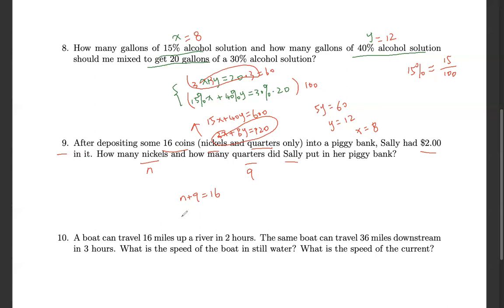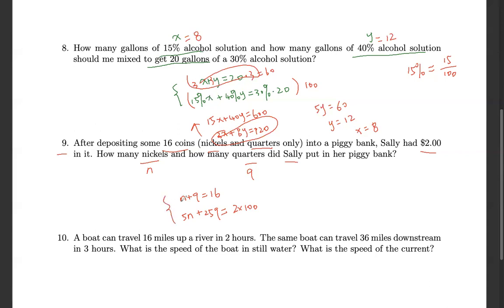And a nickel is 5 cents, right? Let's use cents, because if we use dollars, we have to do 0.05. And quarters are 25 cents. So 5N is how much money in nickels, and 25Q is how much money in quarters. Together, $2, or 2 times 100, which needs to be in cents.